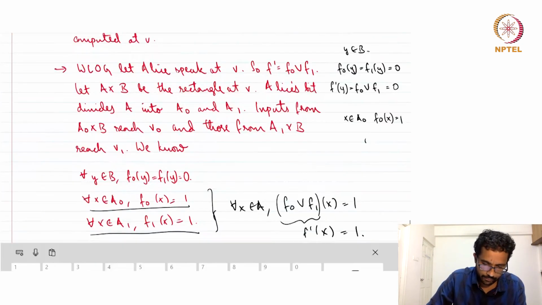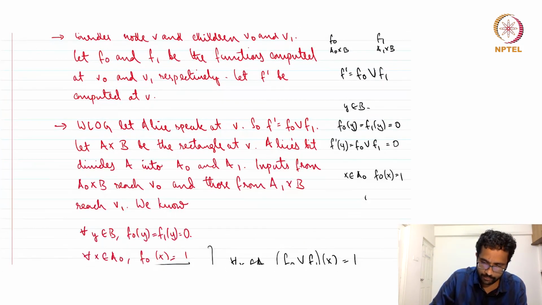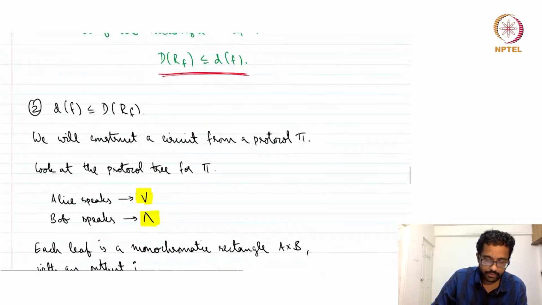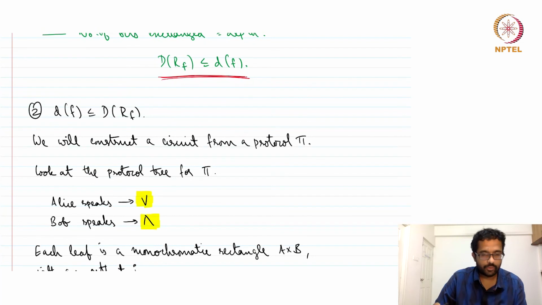So what we have shown is that this circuit that we constructed computes the function f. So the depth of the function is at most the deterministic complexity of the relation, because to start with we could have chosen the best protocol that minimizes the communication.